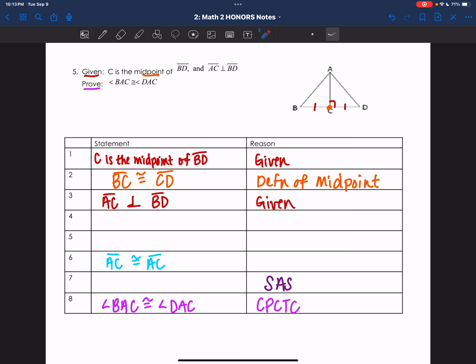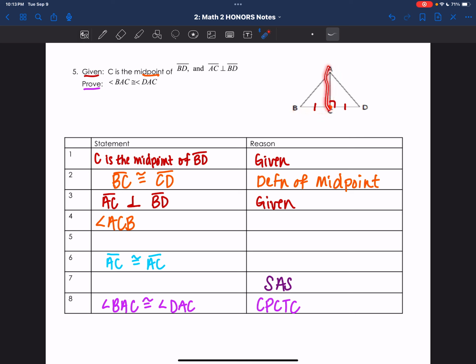So now let's look at our given. Now let's find some definitions and then congruence. All right, so let's look here. So we know AC is perpendicular to BD. So if they're perpendicular, then it's going to make some right angles. So I know the angle ACB is a right angle.